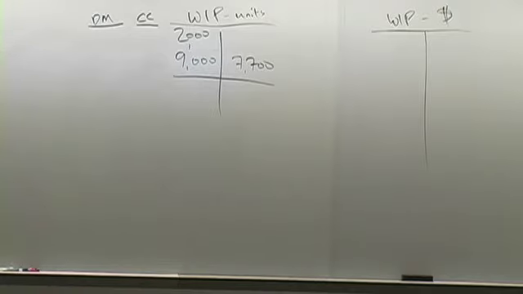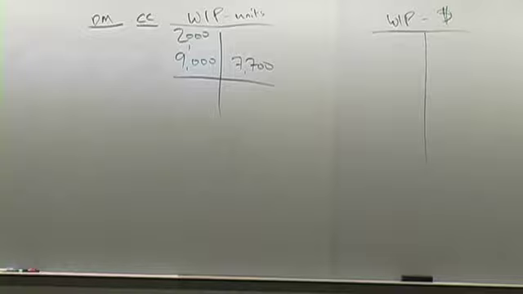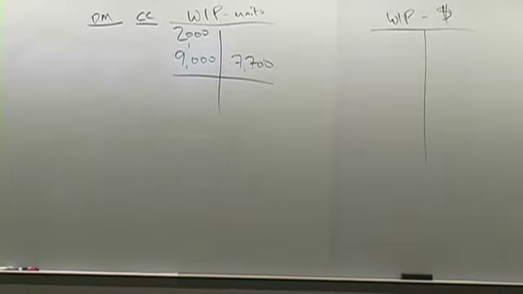So the in goes on the debit side above the line, right? And the out, would you agree that's where the 7,700 goes?